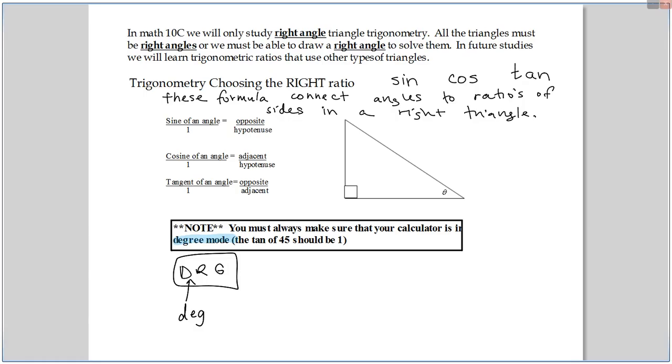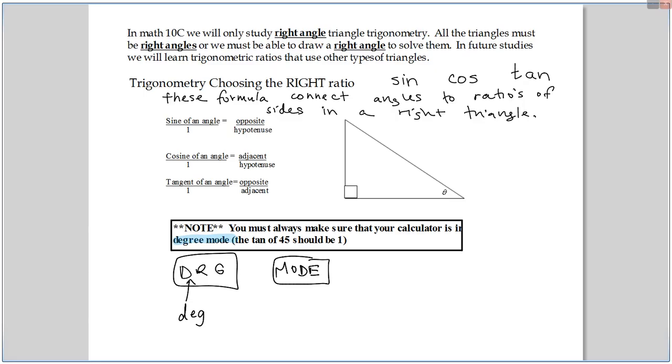If you have the TI, the big Texas Instruments calculator, you're looking to hit the mode button. Okay. Hit the mode button. And then once you've hit the mode button, mode is besides second. See second in yellow? Mode is right next to it.